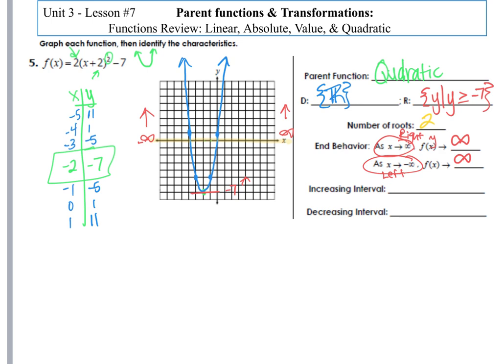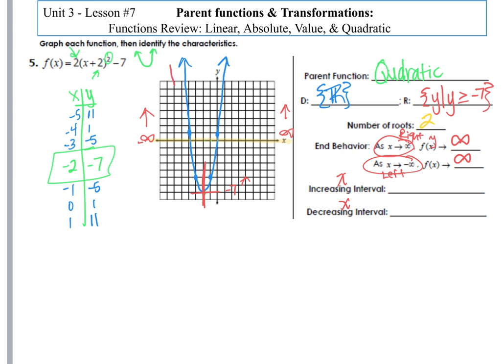Increasing and decreasing intervals. Okay, so we're thinking, as we move from left to right, where do we have positive or negative slopes? Again, I know the vertex is the turning point. And again, I am talking about x intervals here. We need to be thinking x intervals. Yes, we're talking about slope, technically, but it's for which x intervals our slope is going up and down. So we read graphs from left to right.